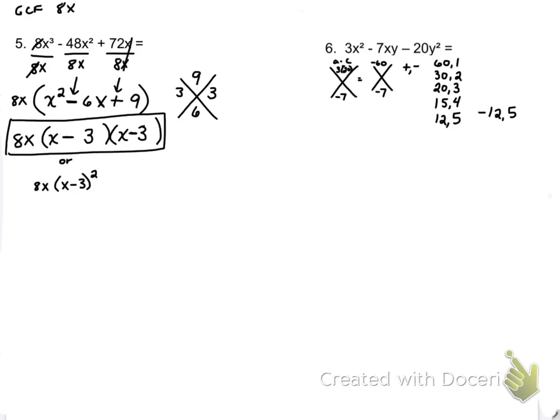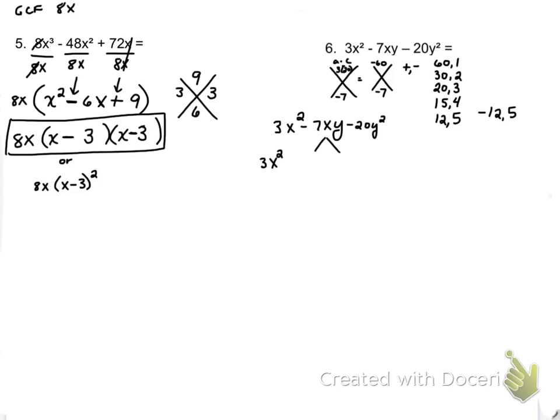So the process for grouping is you write the first term, and I'm going to go ahead and write it just like it is down here. So we have 3x squared minus 7xy minus 20y squared. Okay? All right, so the next step is we're going to split them. We've split the middle term. We've decided on our 2 numbers. So the first term, the 3x squared, gets written just like it is.